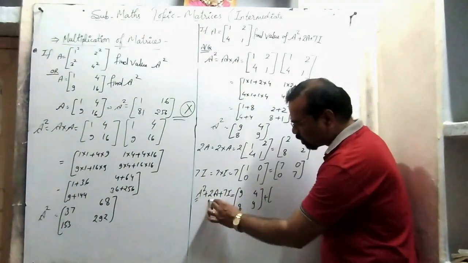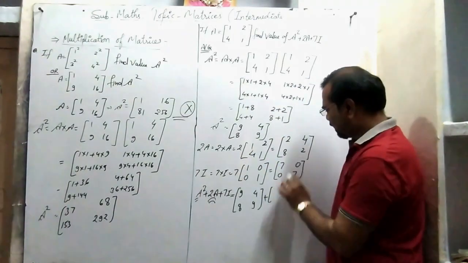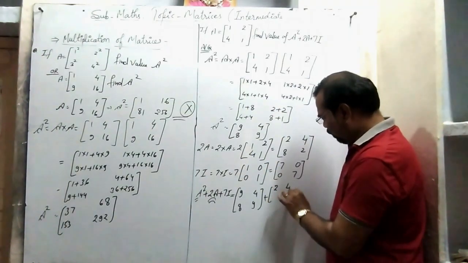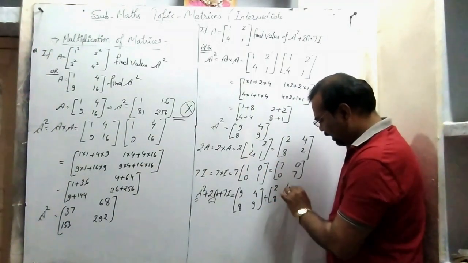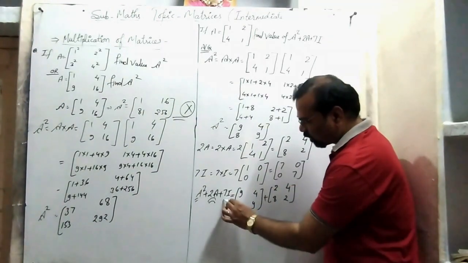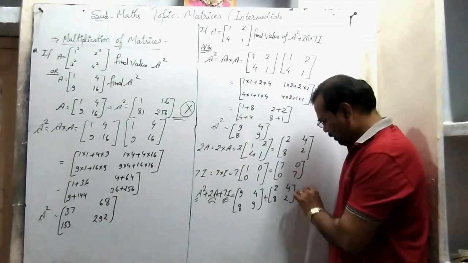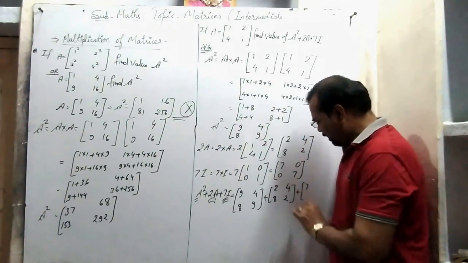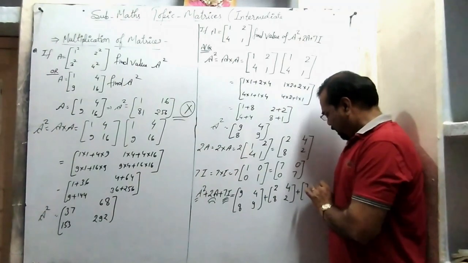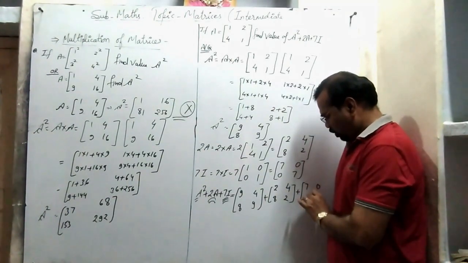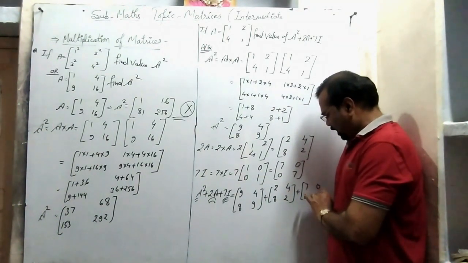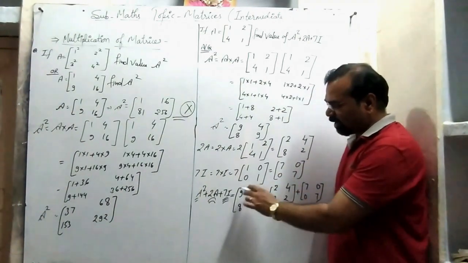What is the 2A value? Yes, 2 4 8 2. That is the value of 2A. Then last we have to find the value of 7I. That value is 7, you can see it, 7 0 0 7. That is the value of 7I.